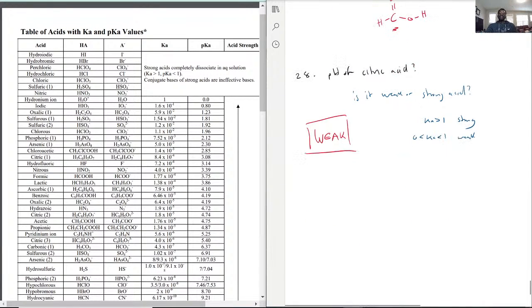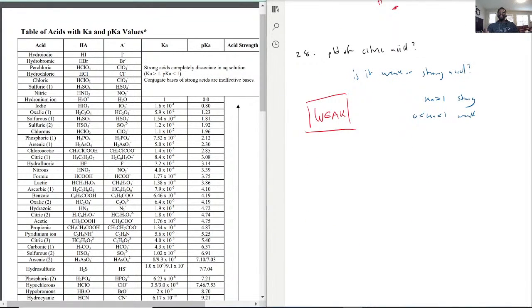And because this is a weak acid, there's things you need. You need to first make sure you have the right equation. So you would have C6, right? So C6H7.